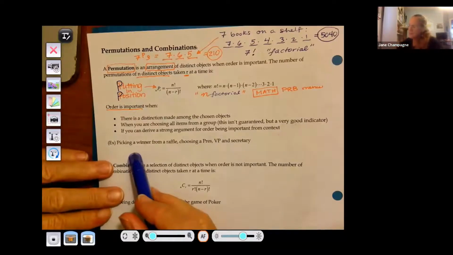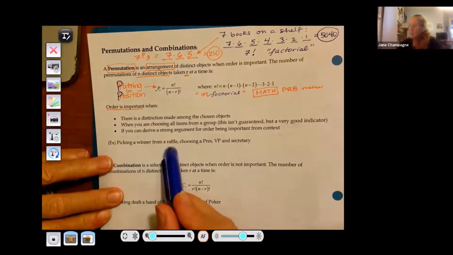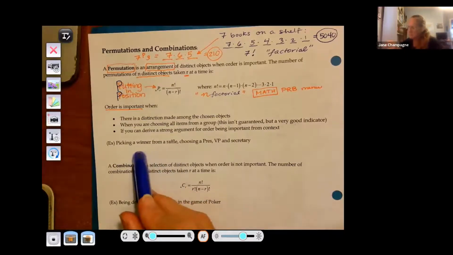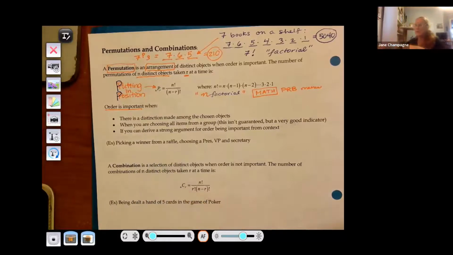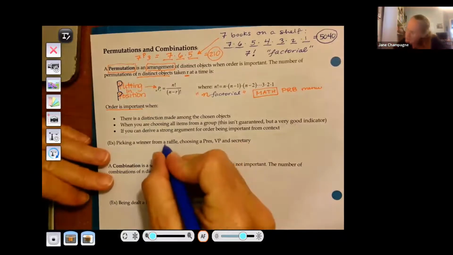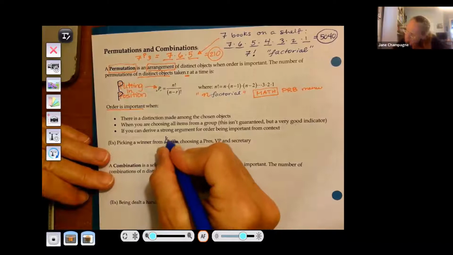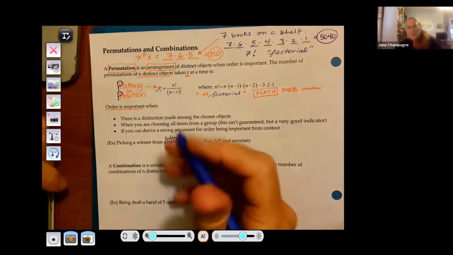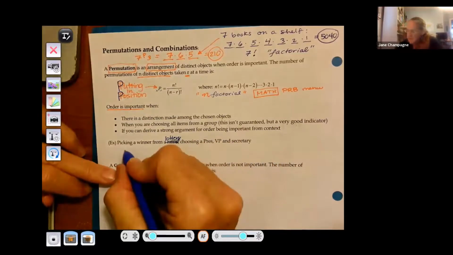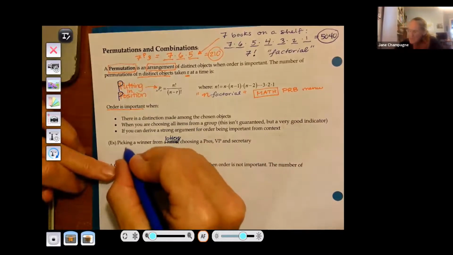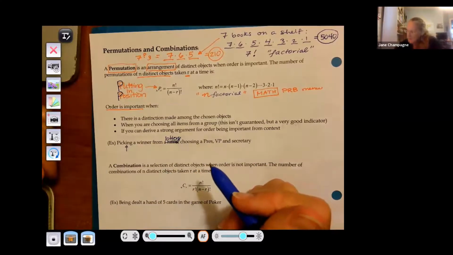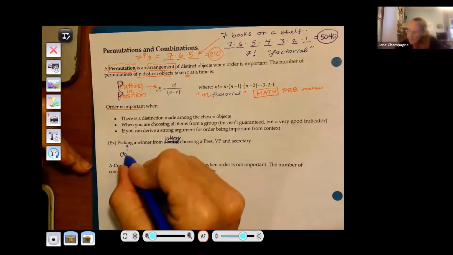So some examples, picking a winner from a raffle. If you think about, that's a weird example. If you think about a lottery, let's do that instead. Where you're choosing a number, some number between 0 and 60, or maybe choosing several numbers.